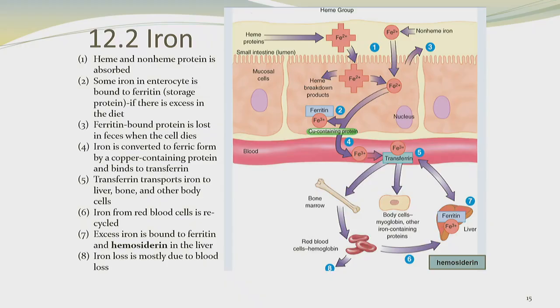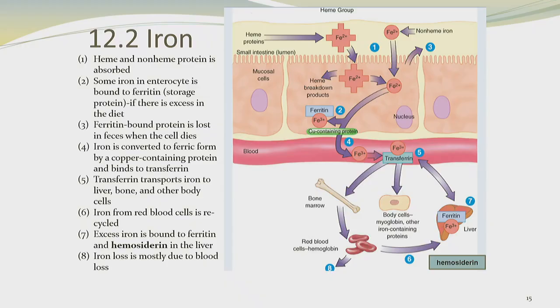Iron will also be stored in the liver, bound to the protein ferritin. So when we think of storage, we think ferritin. When we think of its transport, we can think of transferrin.